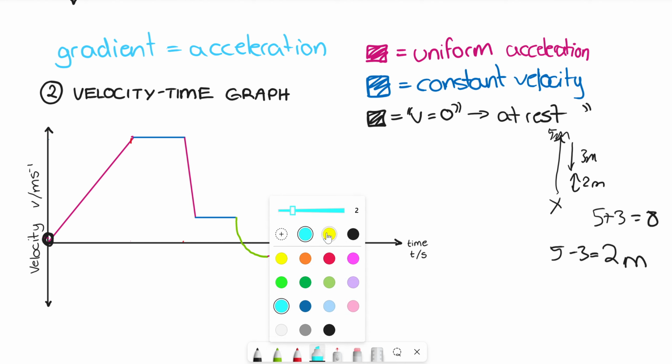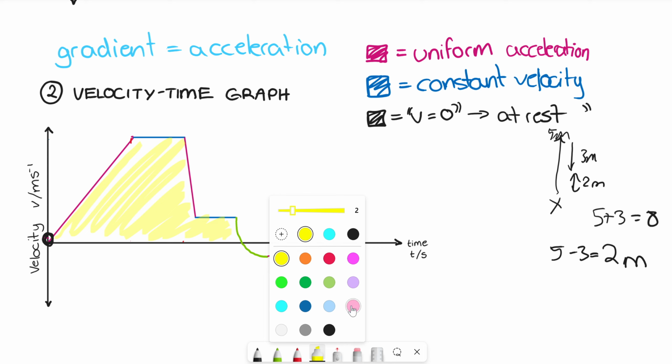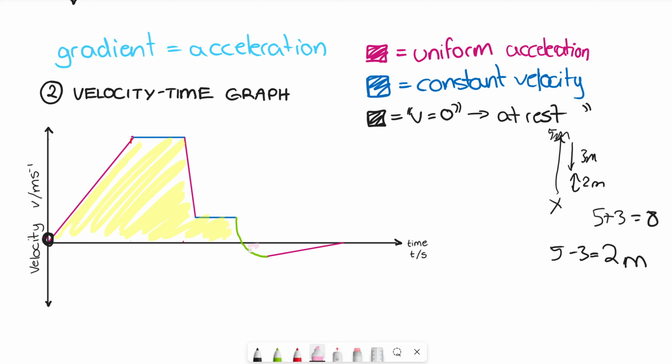And that's the same idea when you're calculating area. We have part of the graph that's above the x-axis, all of this part over here. And then we also have, in a different color, part of the graph that's below the x-axis. And that means that displacement can be negative, right? So this area is actually a negative area.